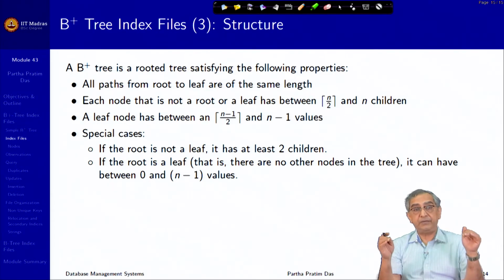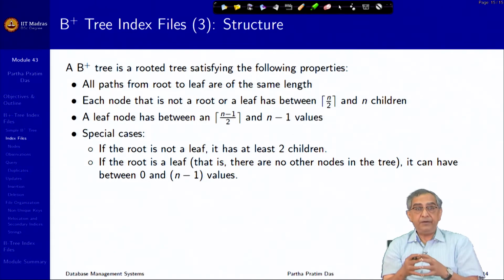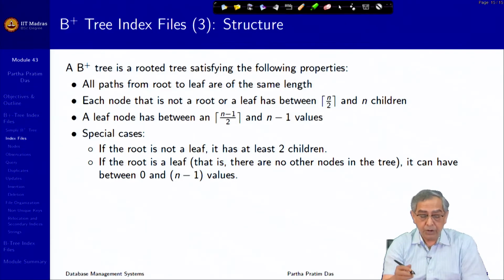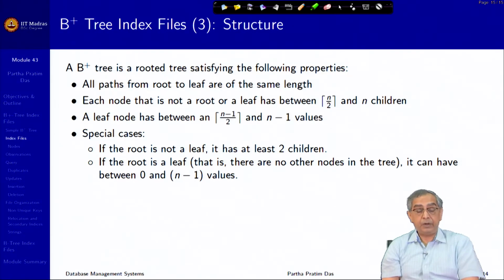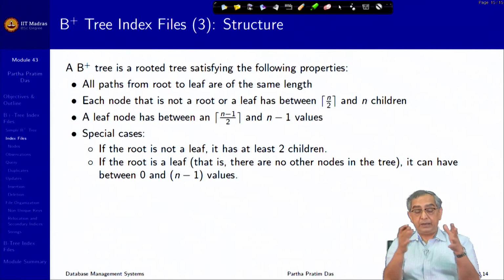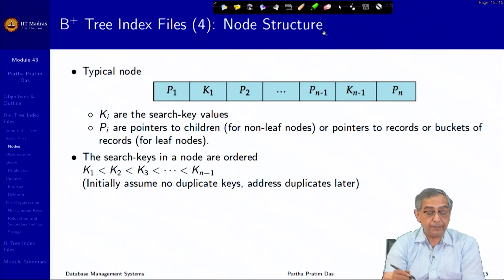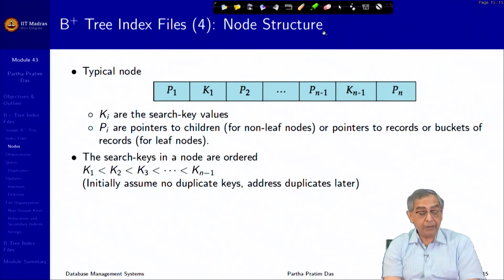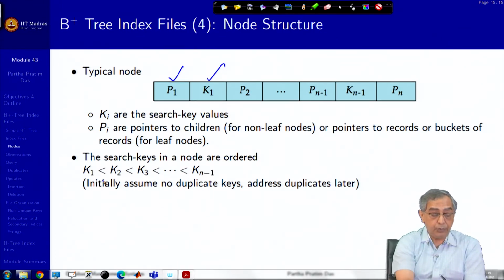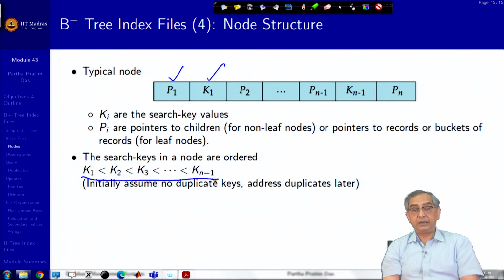This is a formal definition again, which I have already stated to you. All paths have the same length to the leaf, and every node has to be at least half filled, except naturally for the root node. Keeping that exception aside, these conditions have to be satisfied. At every node you have pointers and keys, with keys satisfying this condition for linear search and ordering.